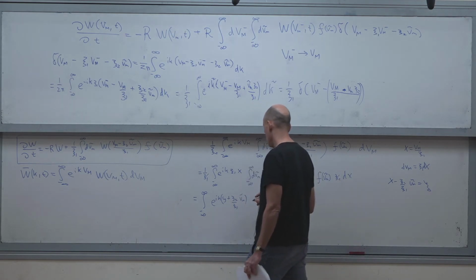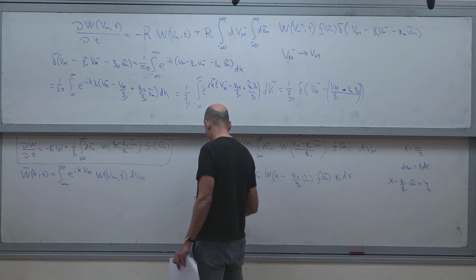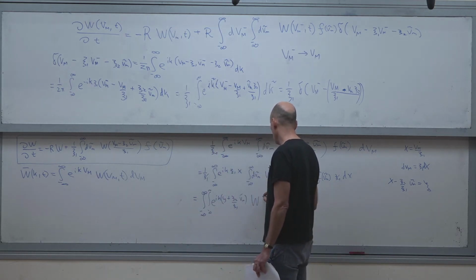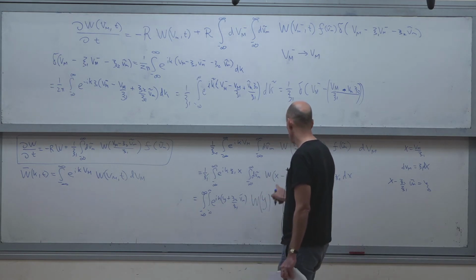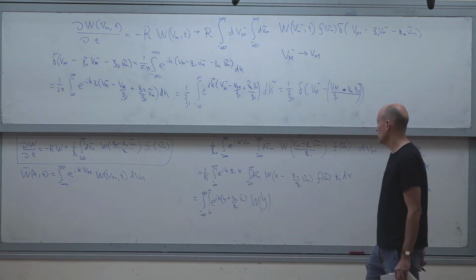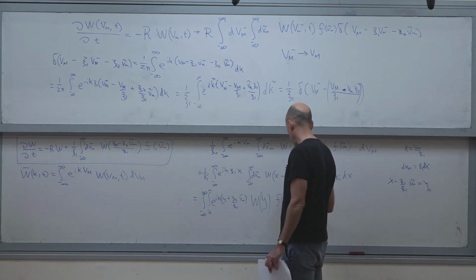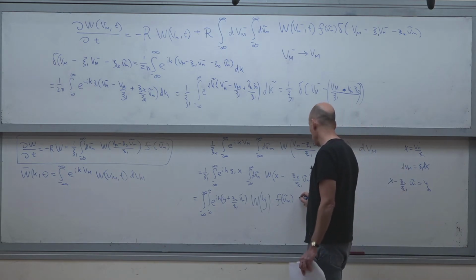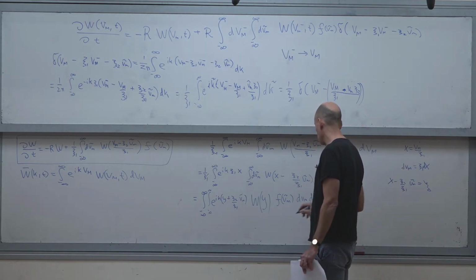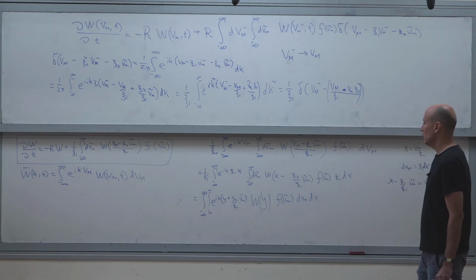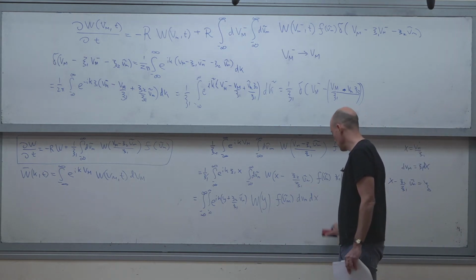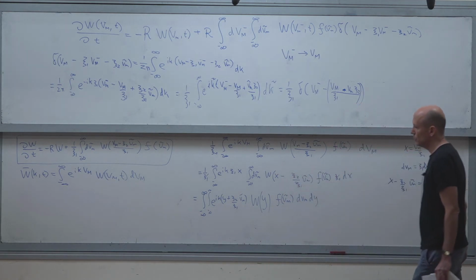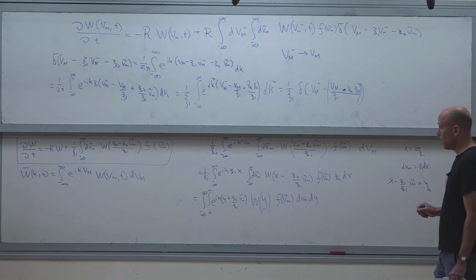This is this x. Let us write another integral here, minus infinity to infinity, this integral, w of y, this is y, f of Vm tilde, and here I have dVm tilde and dx, dy. Because all this junk is y.